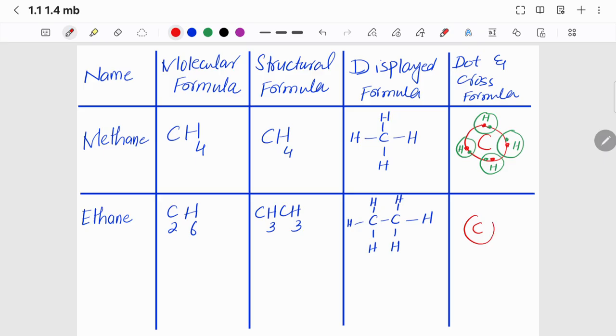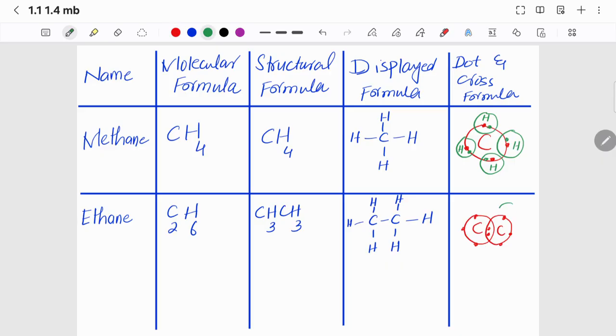Now for dot and cross formula, I'm going to make 2 carbons. Each carbon shares 1 pair of electrons, and they are left with 3 of their electrons like this.